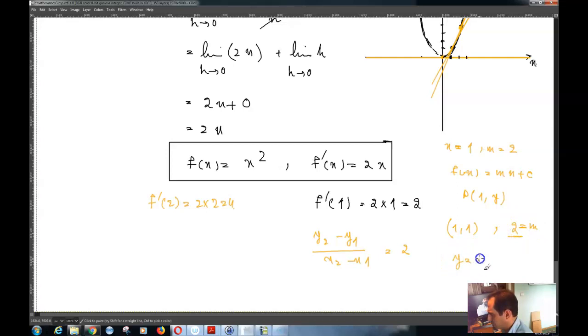So I can write y minus y1 is equal to m times x minus x1. So y minus 1 is equal to 2 times x minus 1. So y minus 1 is equal to 2x minus 2, or y is equal to 2x, and negative 2 plus 1 is negative 1, so 2x minus 1. Y is equal to 2x minus 1.